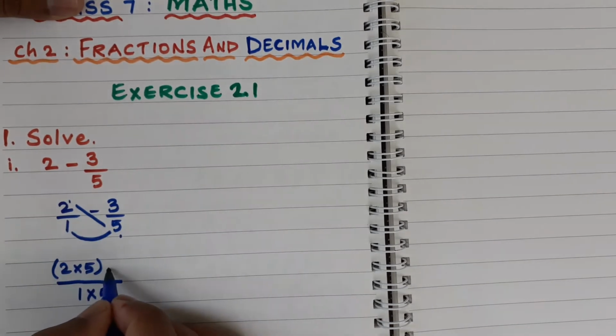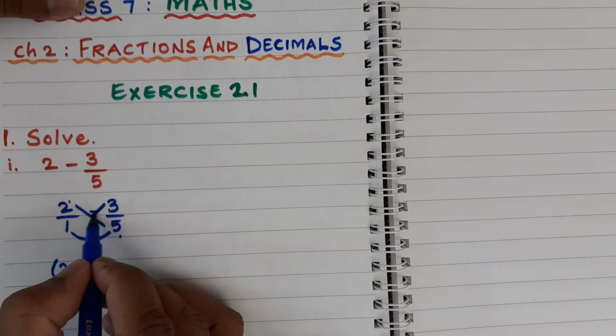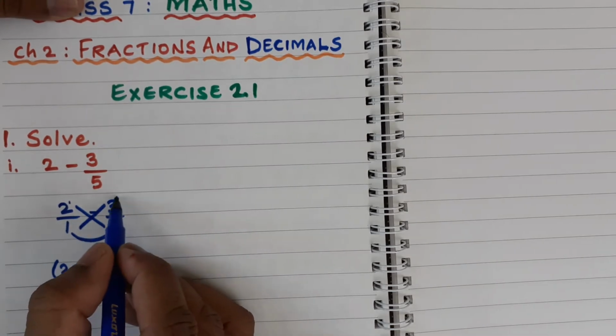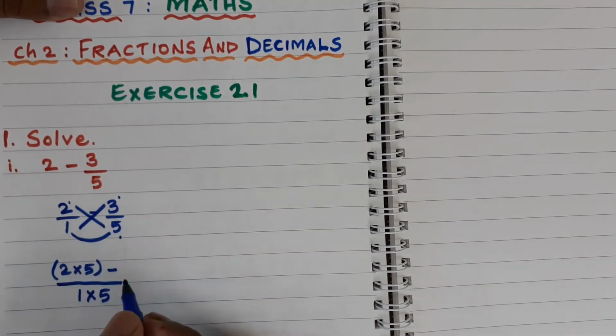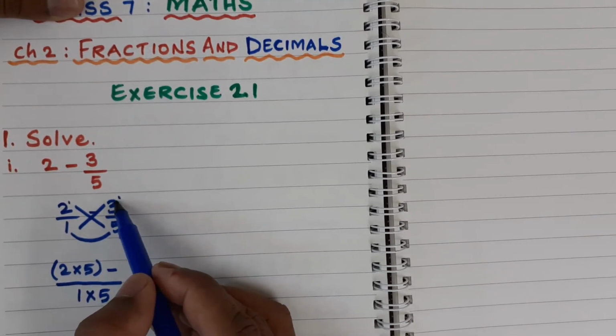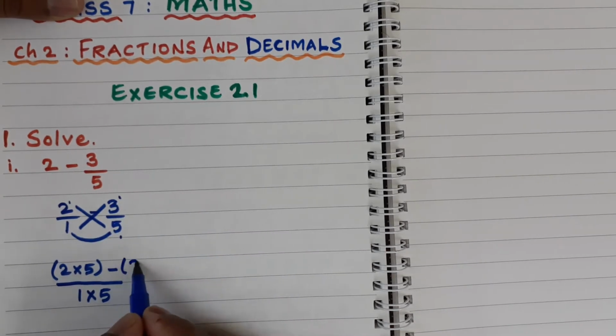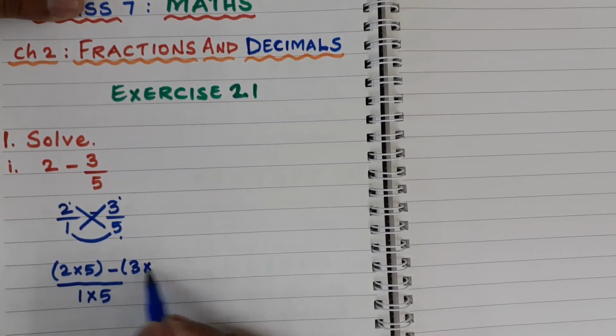Then we have the minus in the question, so just put minus. Then next we have to cross multiply from the right side, numerator into denominator. So here the numerator is 3, next the denominator is 1.